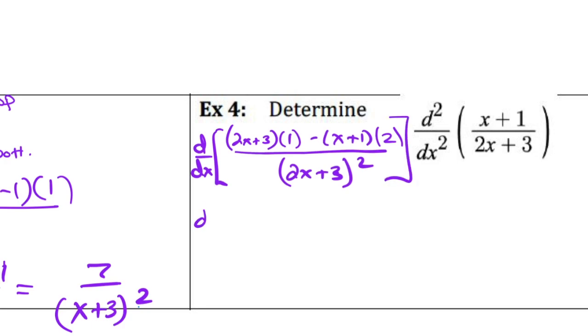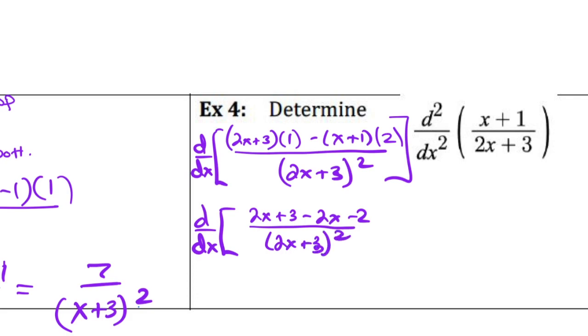We should clean this up so that when we find our next derivative, it'll be a little easier. So we will have 2x plus 3 minus 2x minus 2 over our 2x plus 3 squared. All right, that looks much better when we simplify and get d dx of 1 over 2x plus 3 quantity squared.